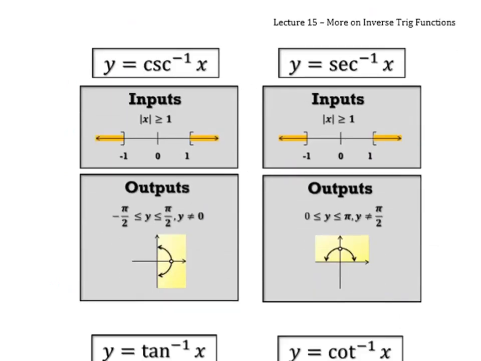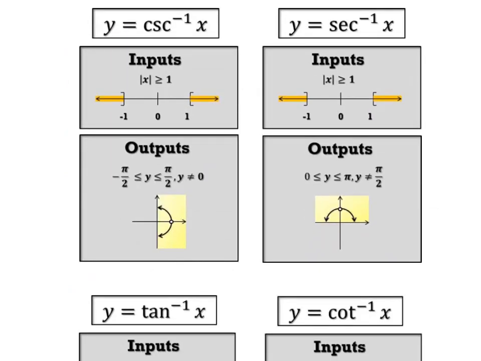And here's an illustration on the next page to see where you get the outputs, in which half plane, and where the inputs come from. Because the output of a cosecant is always bigger than 1 or less than -1, that's the only thing you can plug into the inverse for both cosecant and secant.